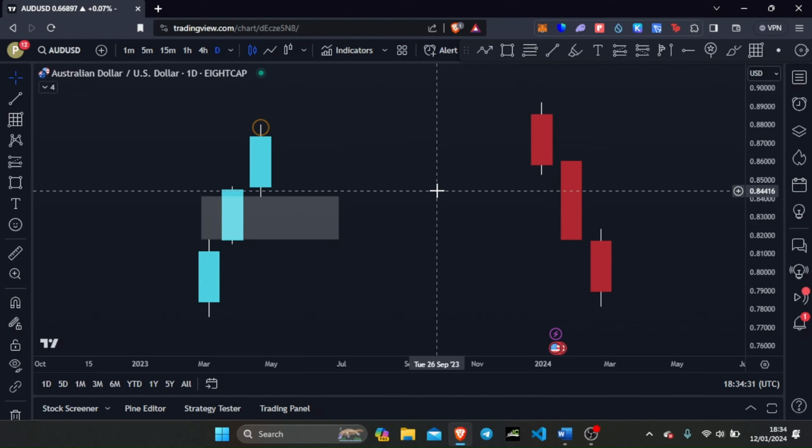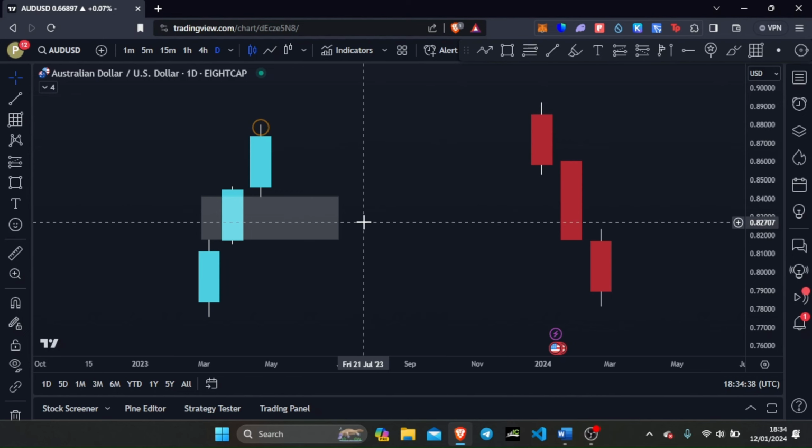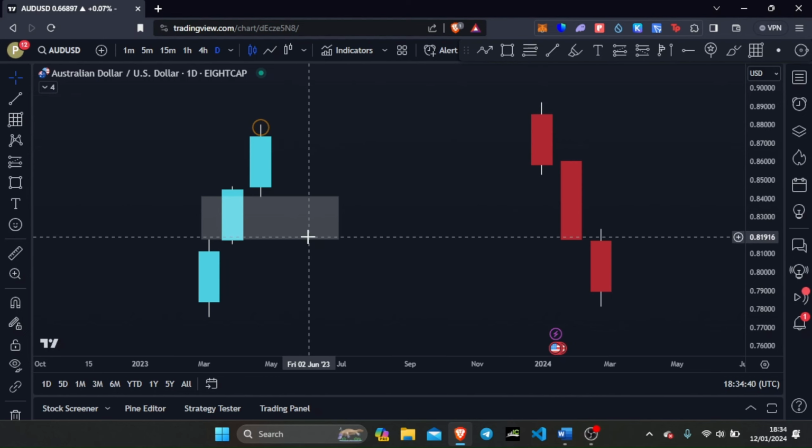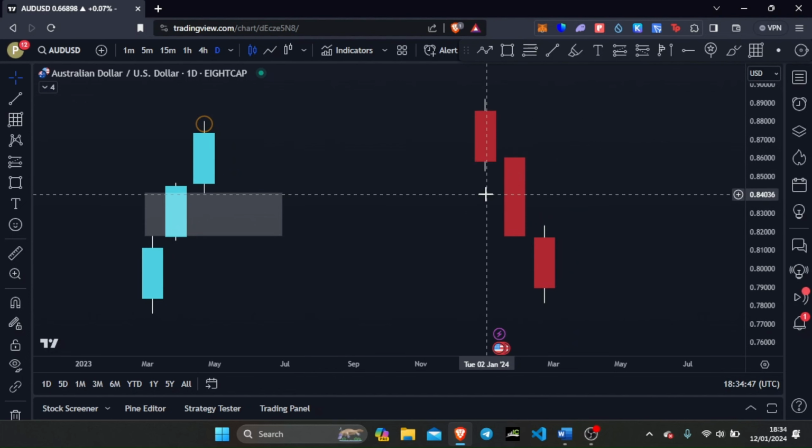So why does this occur? This occurs because an aggressive move forces the market to move quickly, which causes the market not to be offered on both sides fairly.